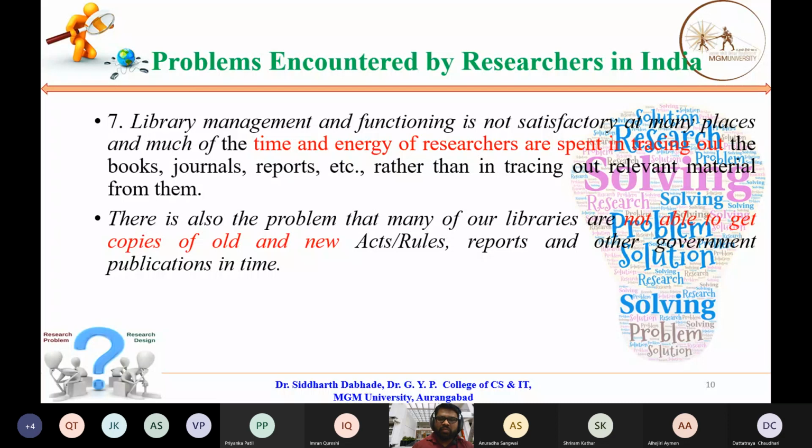Another thing is our libraries. Nowadays the government has taken an initiative with the help of IIT Kharagpur, and they have developed an e-library. Many research books and research works are already uploaded on the website, so you can just download them from that website.